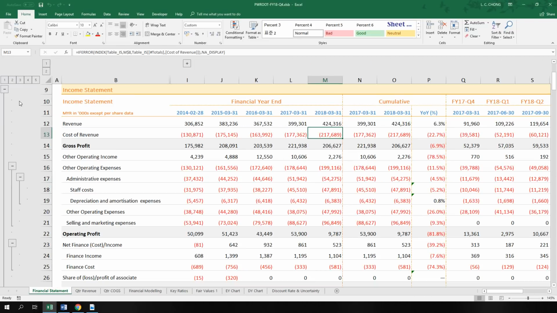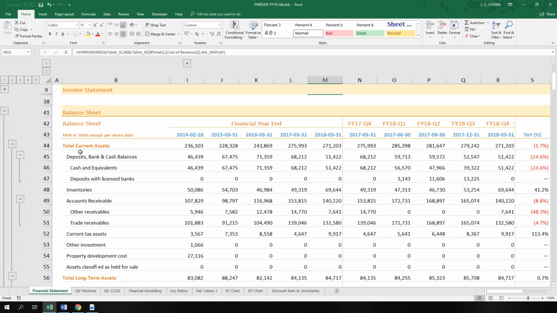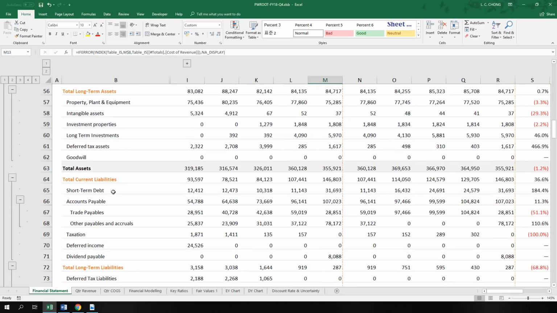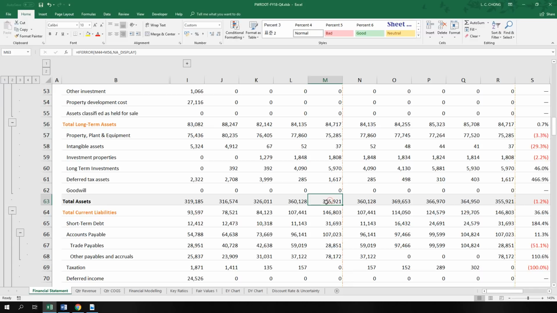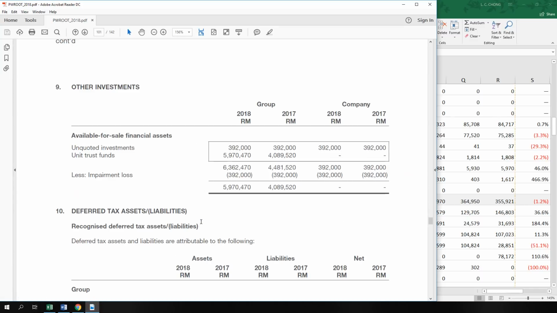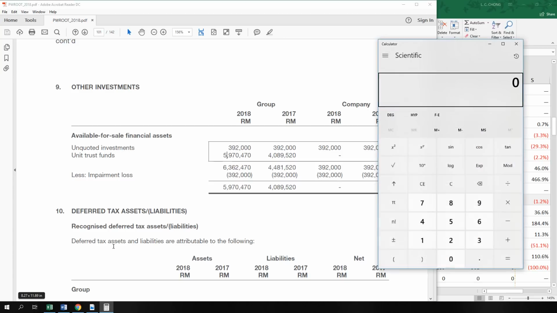Total assets is 355 million. So let's say you take this, we launch a calculator. 6 million over 355 million. It's just about 1.6%. I think no big deal.